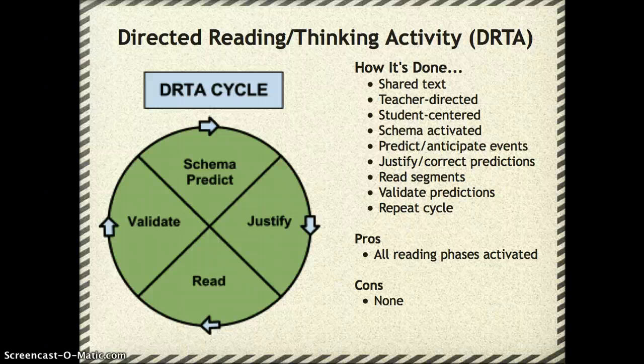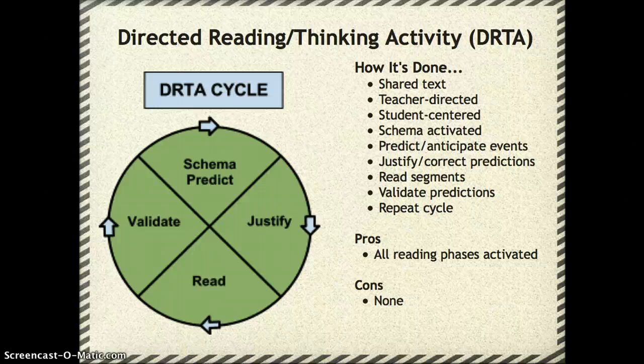Finally, the article discusses DRTA, Directed Reading Thinking Activities. This is a cycle in which teachers sit with students and everyone has a copy of the same text. They discuss what they know about the text, whatever the story might be about, sharks, bees, whatever they're looking at, and then they predict what they think might happen based on a story walk or picture walk. And then they read to a certain point and the teacher establishes stops during the text.